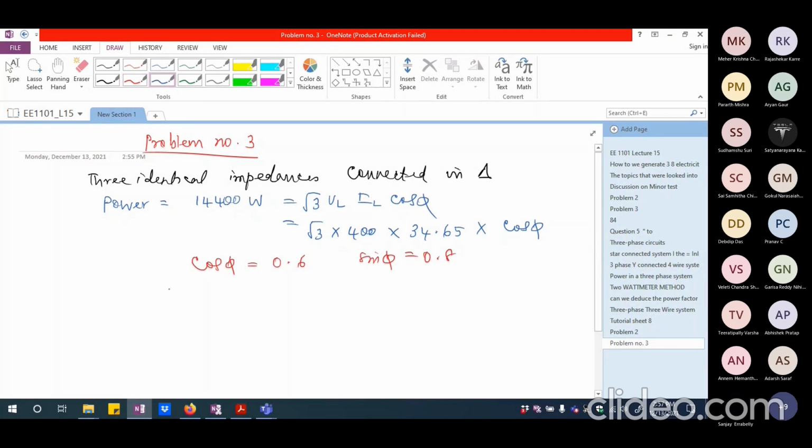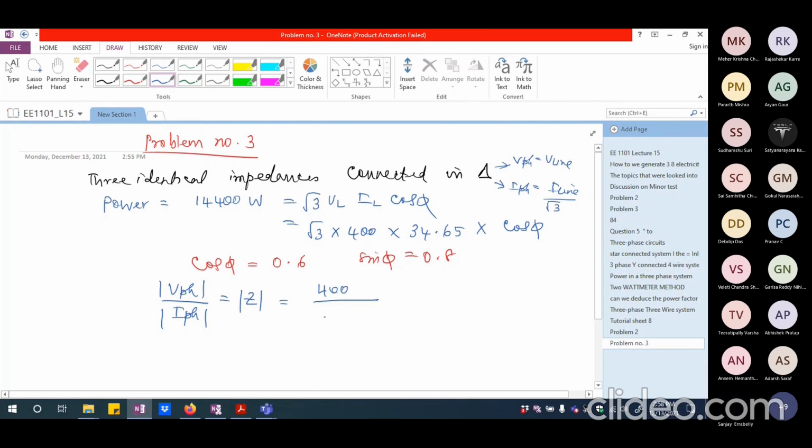Now I should say V phase divided by I phase should be equal to Z. If I talk about this in terms of magnitude, I should say V phase magnitude and I phase magnitude I should take. V phase magnitude is the same as V line because it is delta. So we are going to have V phase equal to V line, but we are going to have I phase equal to I line by root 3. So V phase I can write here as 400.